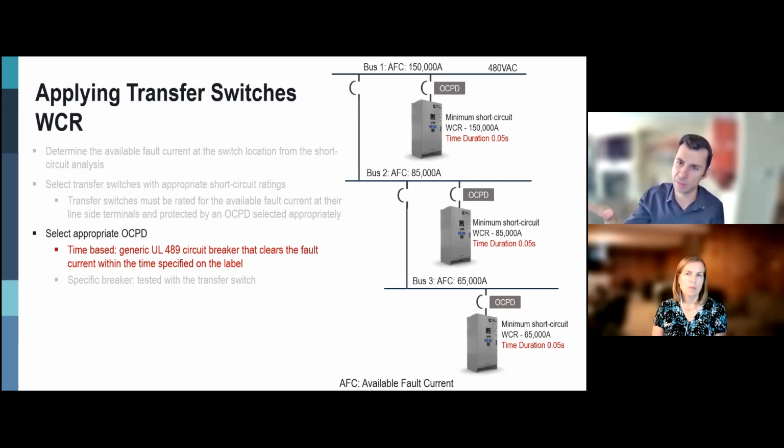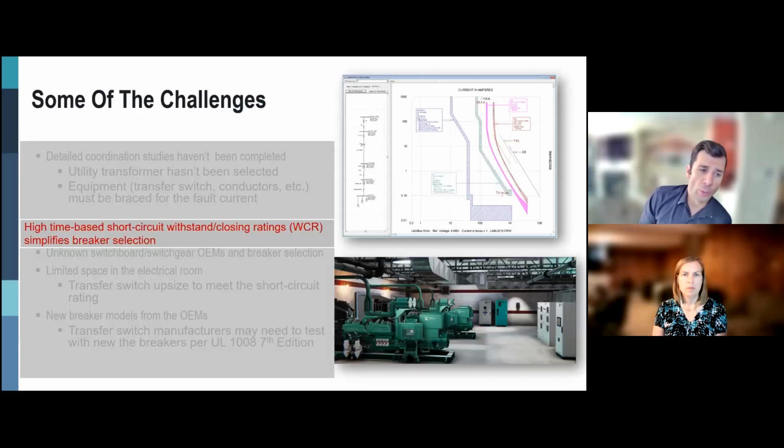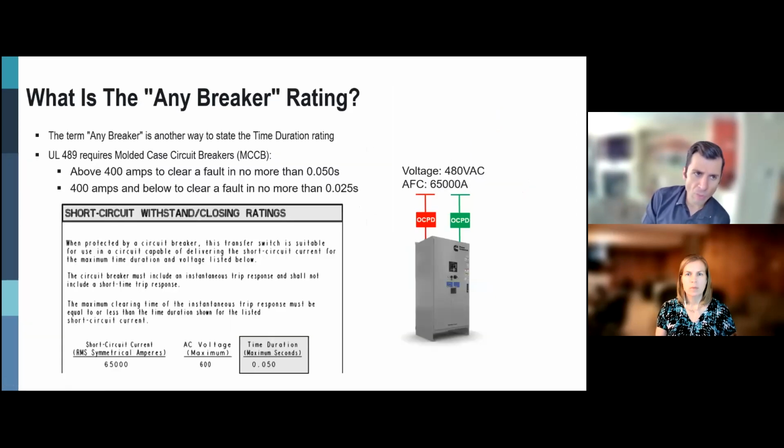That solves all those problems you've been dealing with for years. So what you want to take away is that a high time-based short circuit withstand and closing rating simplifies the breaker selection. You might ask, I've heard this rating called the any breaker rating.